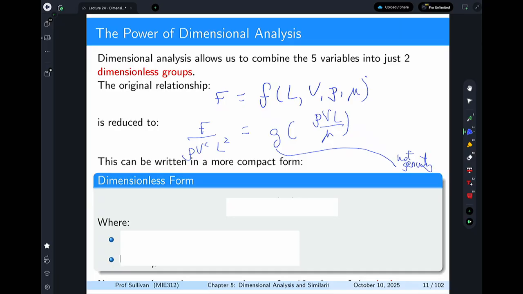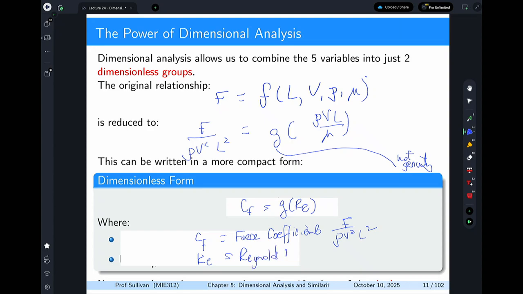And you've probably seen Reynolds number a lot at this point. So C_F is just going to be a function of Reynolds number, where C_F is the force coefficient, which is force over rho V squared L squared, and Reynolds number is just rho V L over mu.